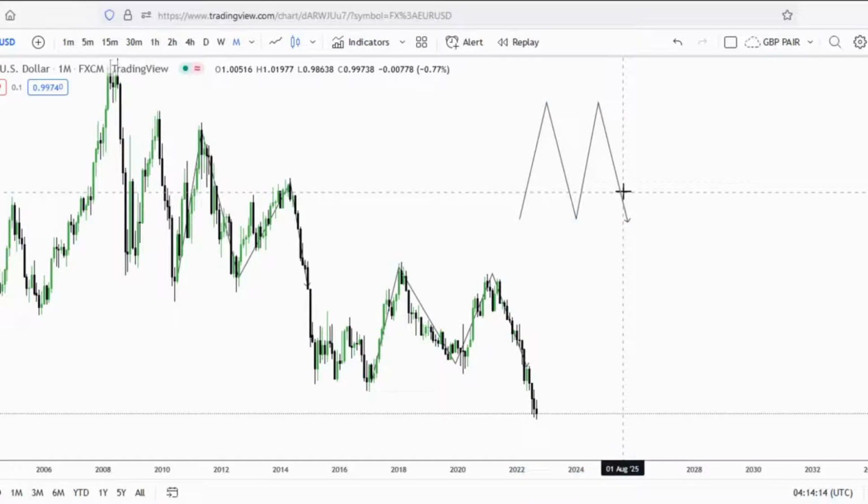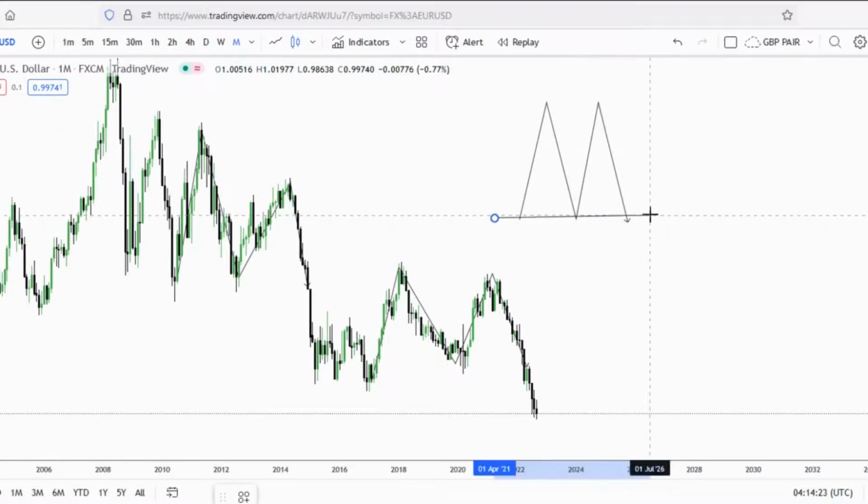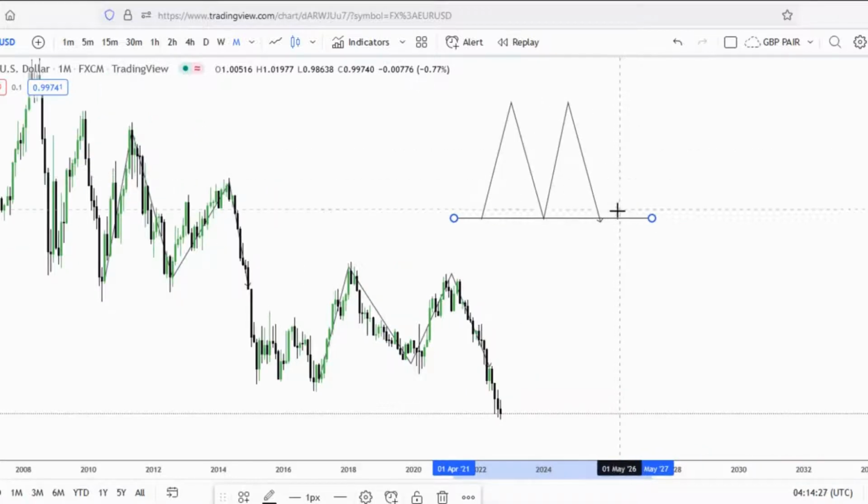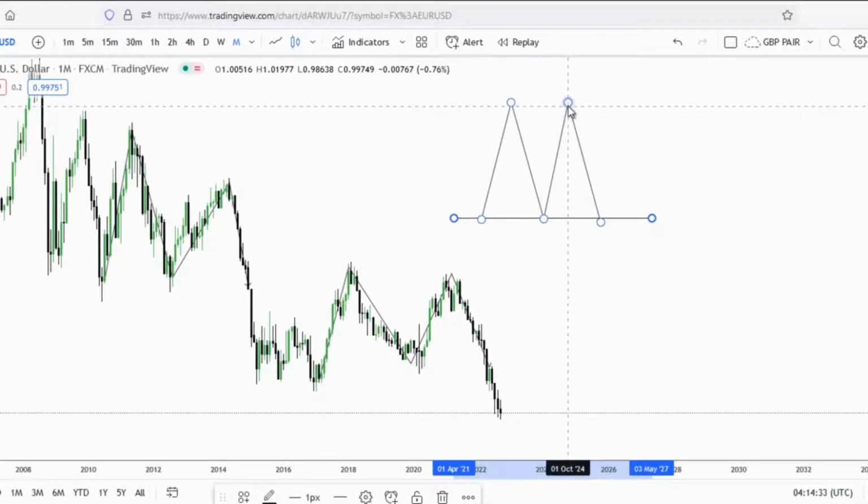For the purpose of reversal, to identify a reversal on my charts, when I say an M pattern, this is what I like to see. We have a neckline here. So now this is what I look out for. After we have this top, the first top, the second top, I don't do anything around here.